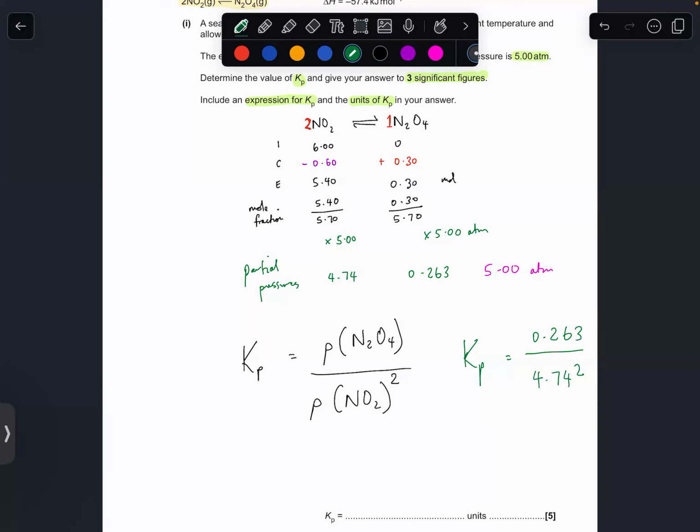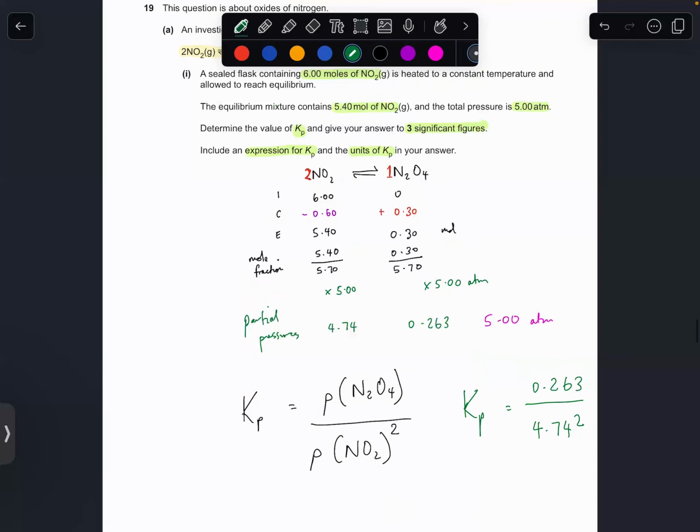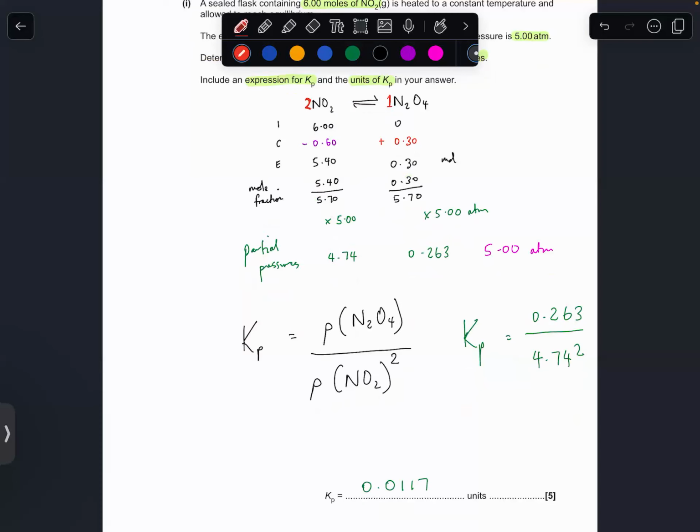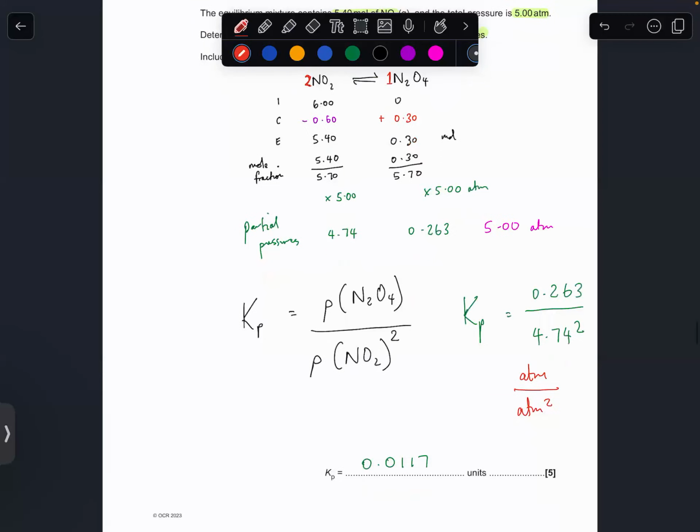The answer is 0.0117. And the units: what we've got here is atm over atm squared. So the units will be atm to the -1.